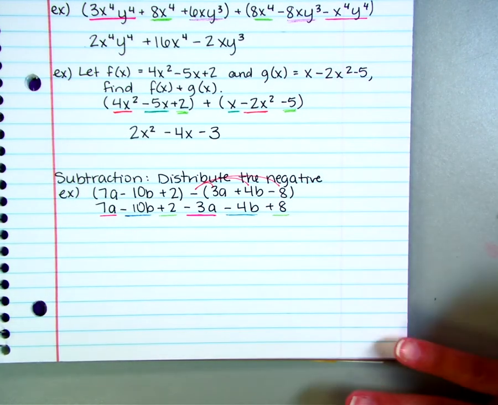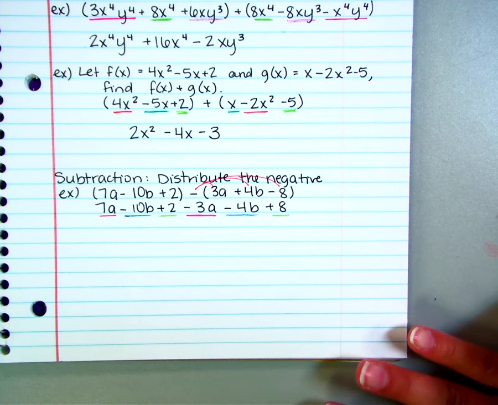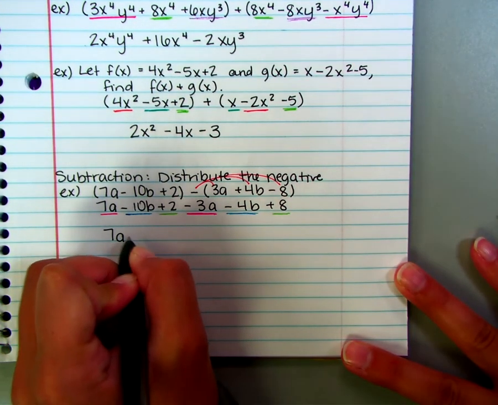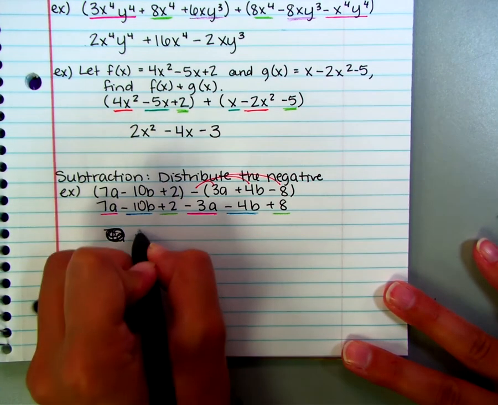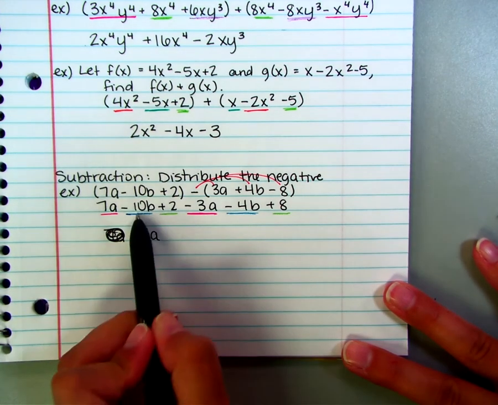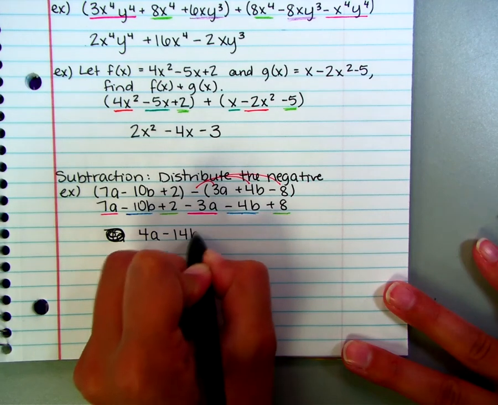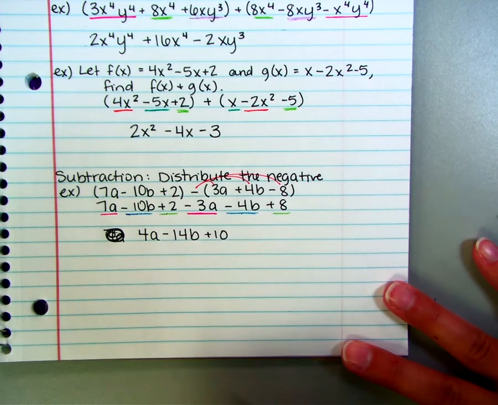And then our last step, just like addition, nothing new. We already distributed the negative. That's the only new part. We'll just write them all out. So 7a, but I forgot to combine it. So we'll have 7a minus 3a is 4a, negative 10b minus 4b, negative 14b, and then 2 and 8 is 10.